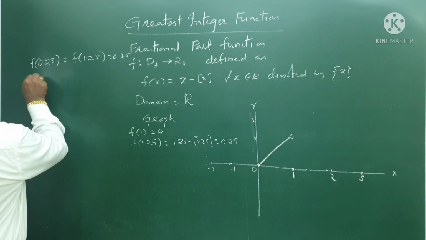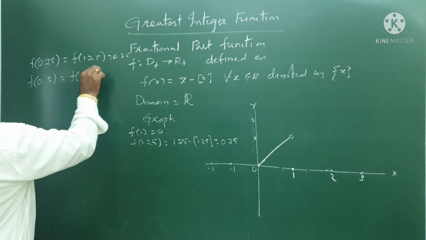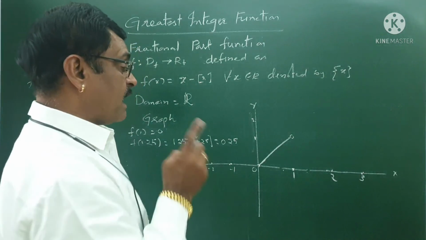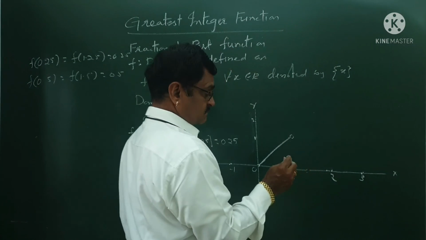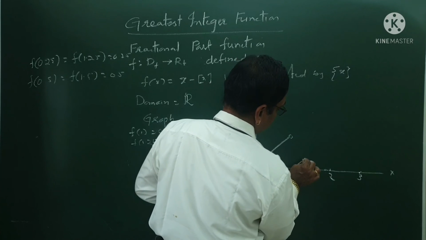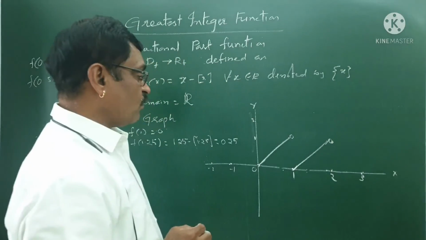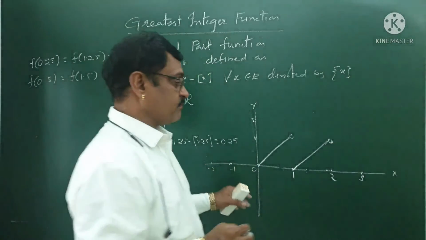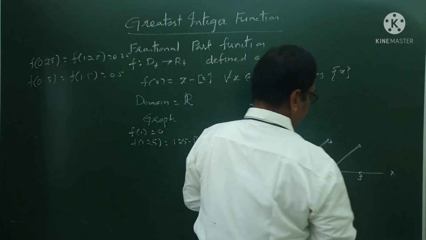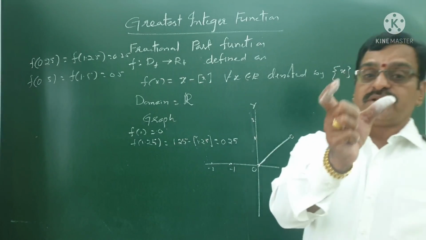Now f of 1.5 is the same as f of 0.5, again 0.5. Same values. That means I am going to get again a straight line starting from 1 and parallel to the first graph. Between 1 to 2 I got the same graph. Between 2 to 3 also I am going to get the same graph. So I always get a straight line y is equal to x between two integers.